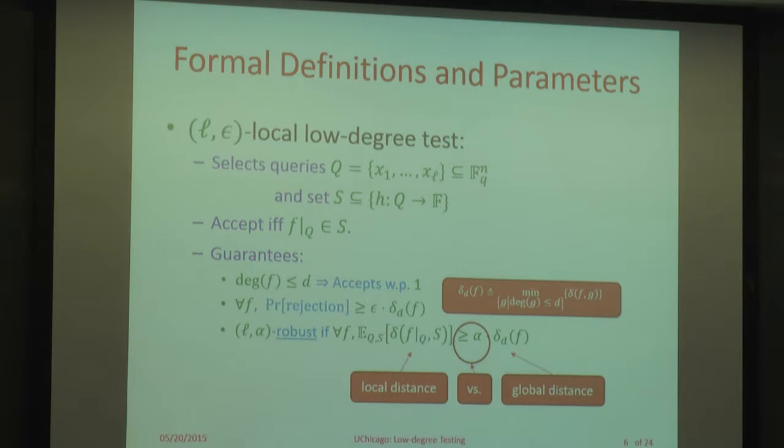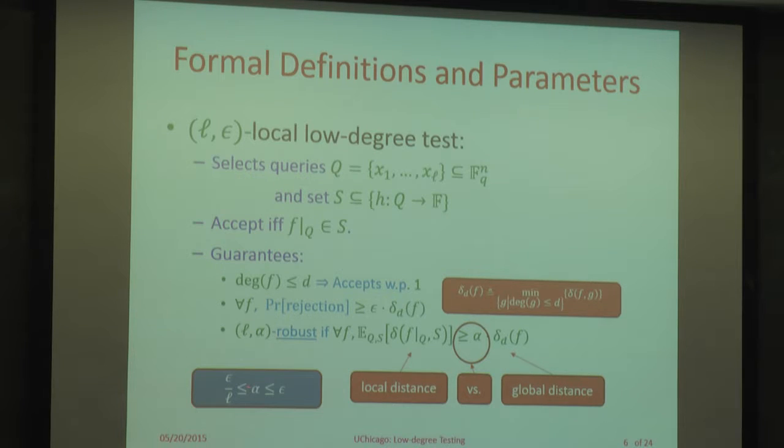This is the kind of questions that we will be interested in. The two notions, a local low degree test and a robust low degree test, are not very unrelated. The parameter alpha, which differed from that parameter epsilon, is actually bounded by epsilon from both above and below, but bounded by a factor which depends on the locality of the test.